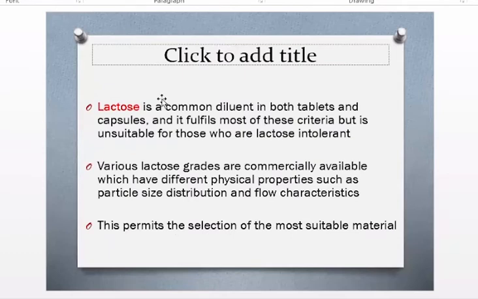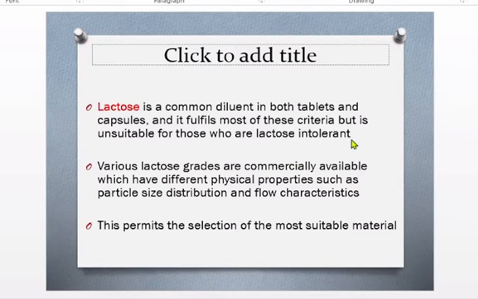Then we were looking at some examples of diluents. We have lactose, and we've shown that this lactose has most of the characteristics that we are looking for in a diluent, and is quite suitable for widespread use both in tablets and capsules, except in cases of lactose intolerance.